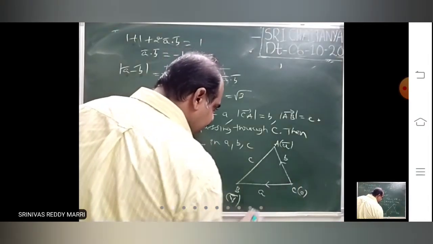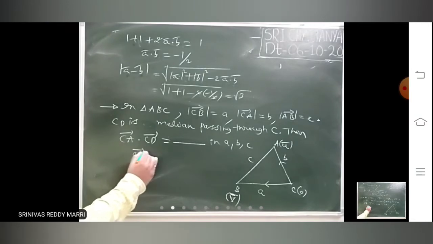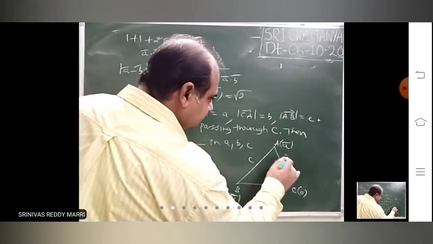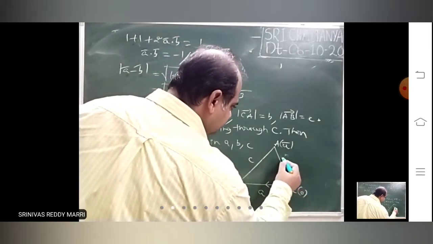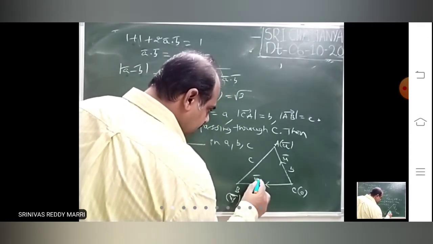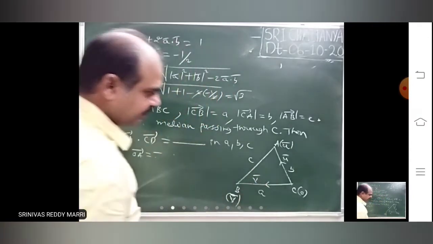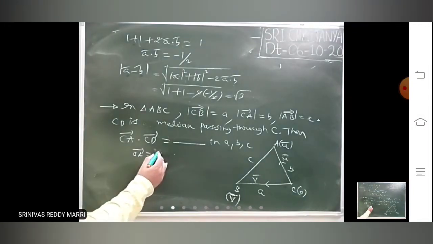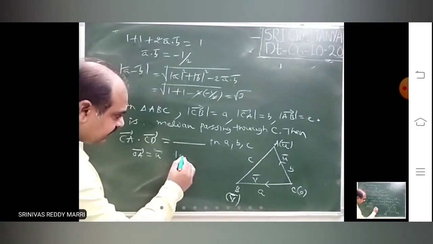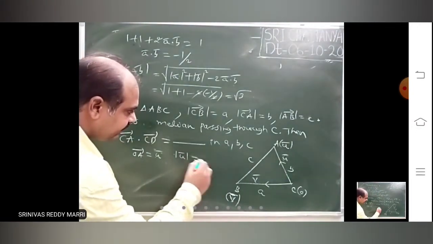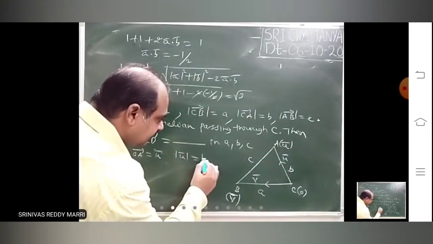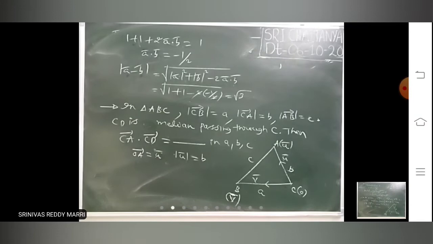So OA bar equals U bar, and OB bar is V bar. The length of this is b, given in the question, so that is nothing but the magnitude of U bar.